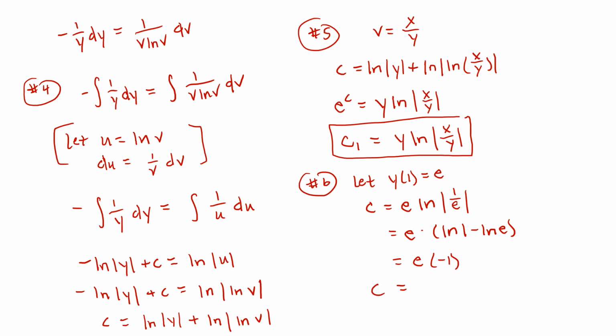So c equals negative e. So our solution with this initial condition is negative e equals y times the natural log of x over y. Okay, so the first one is our general solution, and then the second is our particular solution. All right, awesome.